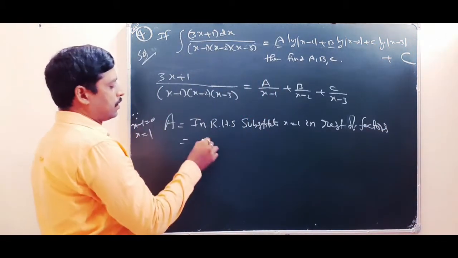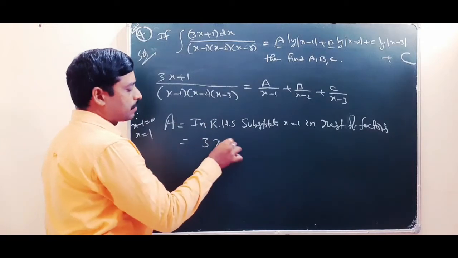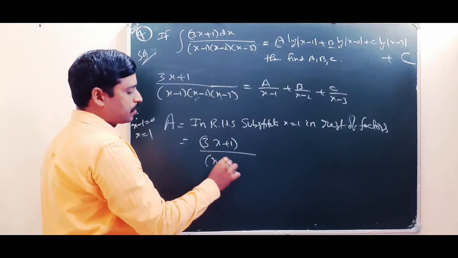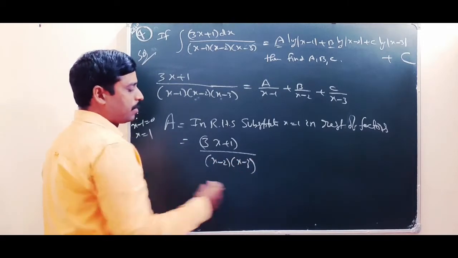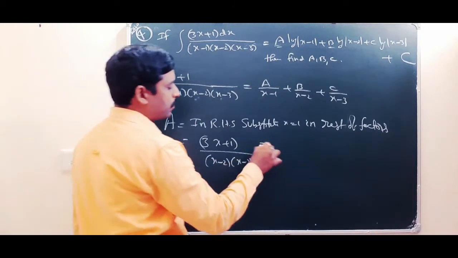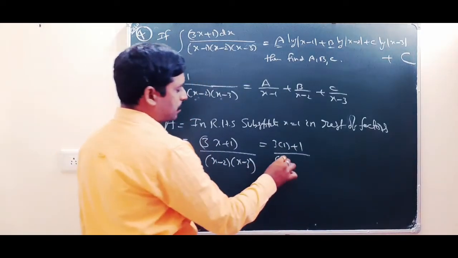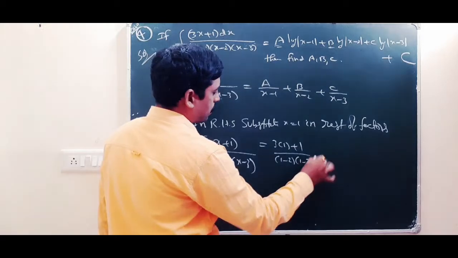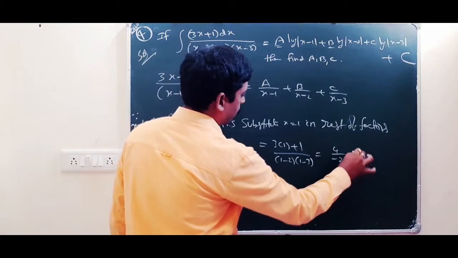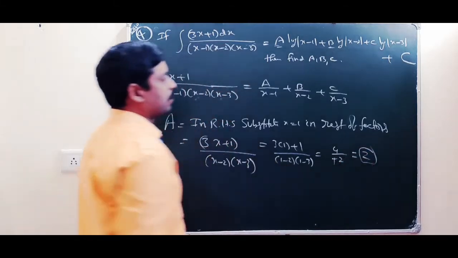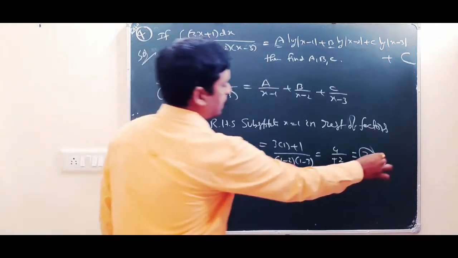So let us take the right side value 3x plus 1 by, the remaining factors are x minus 2 into x minus 3. Put x is equal to 1, this value will be 3 into 1 plus 1 by 1 minus 2 into 1 minus 3. Okay, this value will be 4 by minus 2 into minus 2, that is 2. So a value we got is 2.